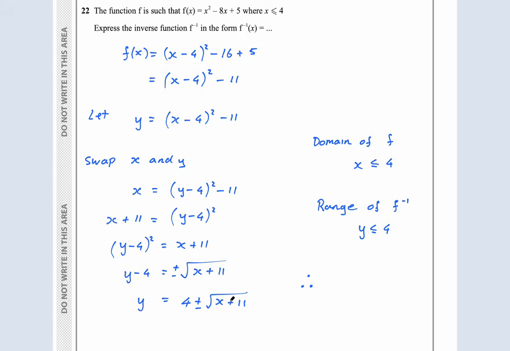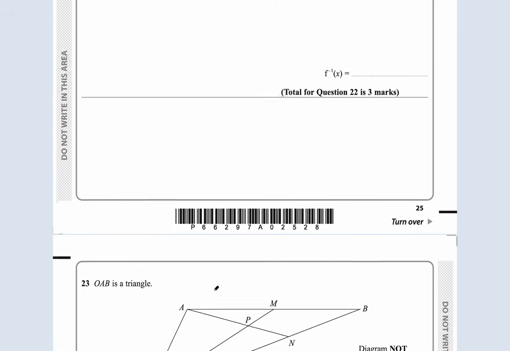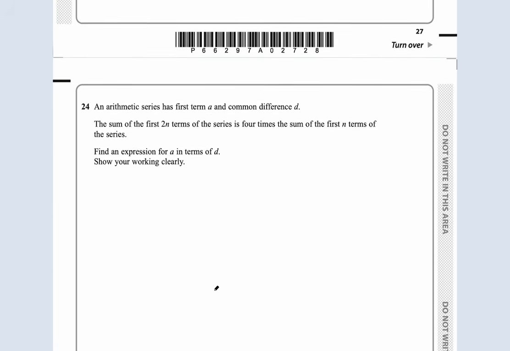It has to be y equals 4 minus the root of x plus 11. That's to get the final mark. But if you got to here, guys, well done. Okay, that's question 22. How many questions do we have left? Two more, I think.